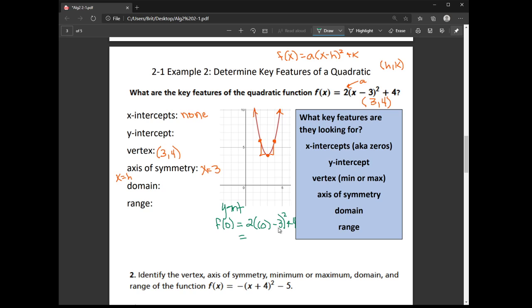In terms of simplifying, 0 minus 3 is negative 3. I square that to get 9 and multiply it times 2 to get 18. So when my function has a 0 plugged in, my y value is 22. So that y-intercept is at the point (0, 22).